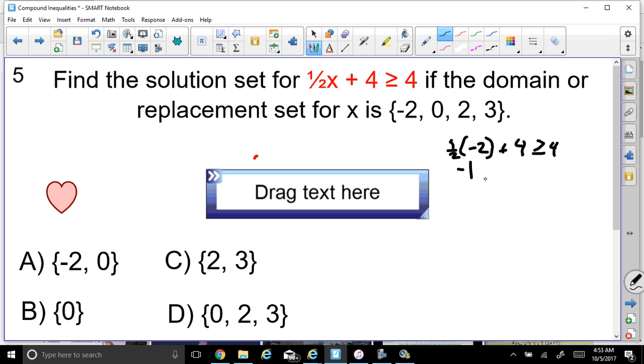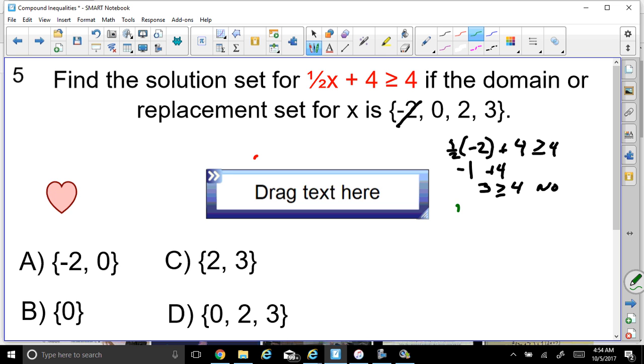So half of -2 was -1 plus 4. That gives us 3. Is 3 greater than 4? Nope. So that doesn't work. So let's get rid of -2 from the set. That one doesn't work.